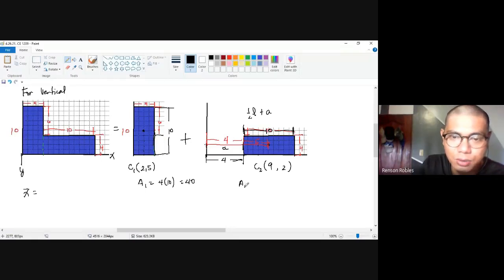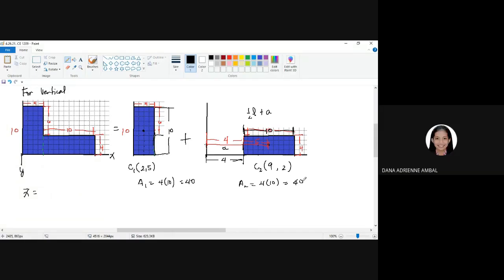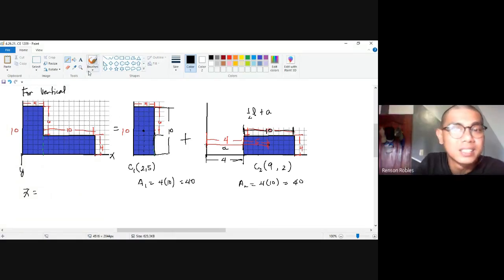And then A2 is equal to, happen to be 4 times 10 then as well, right? It's a rectangle. It's length times width. Am I doing it right? Okay. So that's 40 and 40. So the total area is 80.